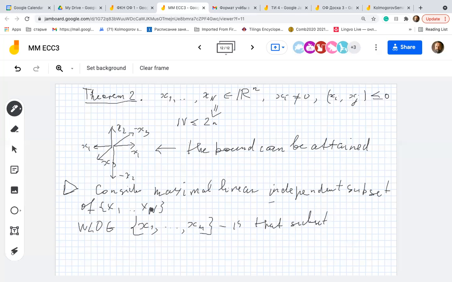Then each of the remaining vectors can be expressed through these vectors. And our claim is that the number of vectors is at most 2 times m, and hence at most 2n, because all those vectors are in n-dimensional Euclidean space, and hence a maximal independent system has at most n vectors. So we will prove this inequality now.